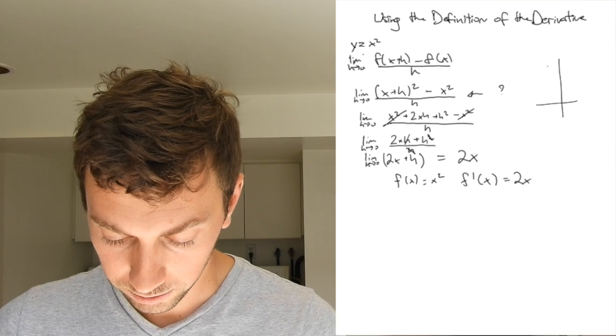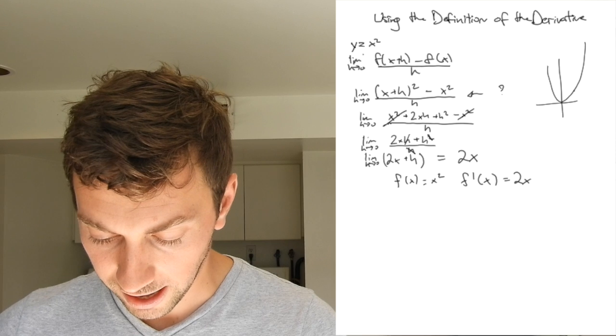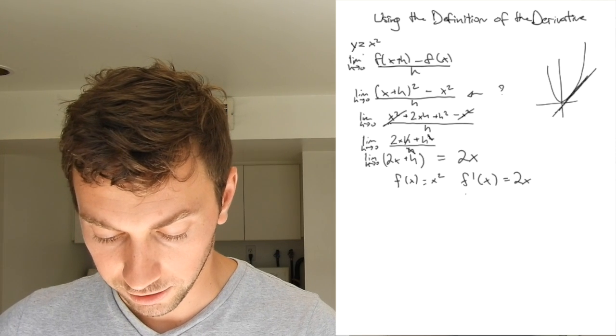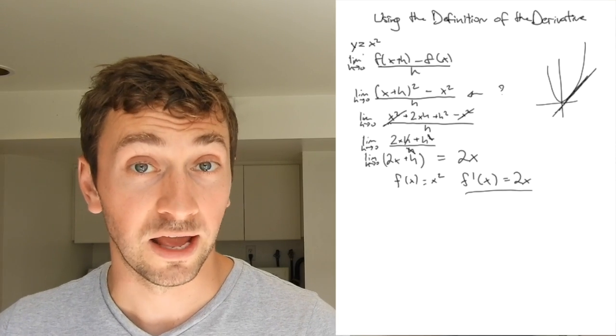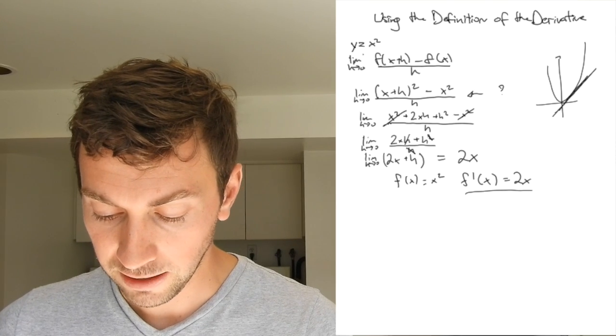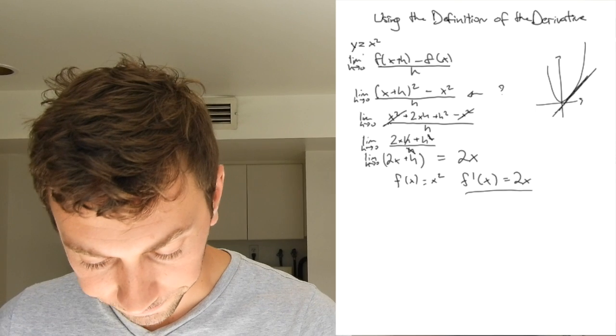At this point, 1.5, I can calculate the slope with 2 times 1.5, so the slope would be 3. My graph's not perfect, but that's the idea. At any point, this tells me the slope of the line there.